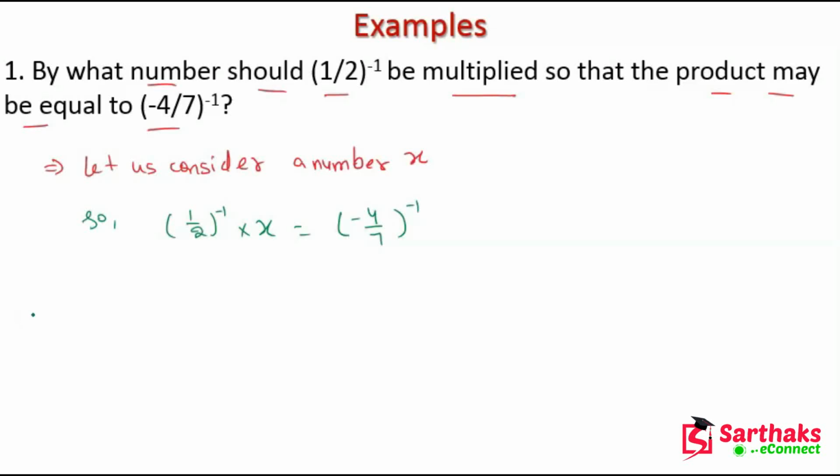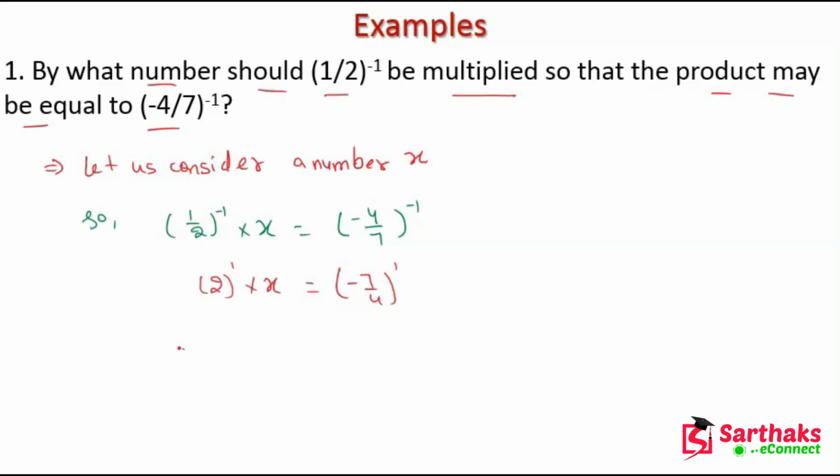Here, first of all we have to make the powers positive. How can we do that? Let's take the reciprocal. If we reciprocate this, we get 2 raised to power 1 into x equals minus 7 upon 4 raised to power 1.